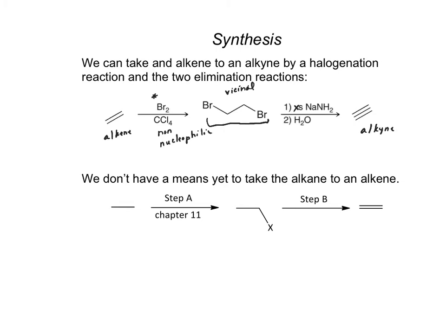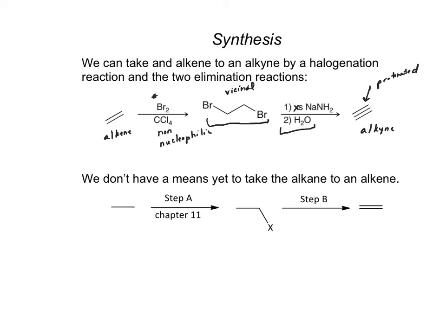That vicinal dihalide can then undergo this double elimination. To do that, we used excess sodium amide. Then in a second step, to make sure we end up with our protonated alkyne, we had to add water. The excess sodium amide has our dihalide undergo the double elimination, but then it also deprotonates that final alkyne, and we don't want to end up with the acetylide ion.